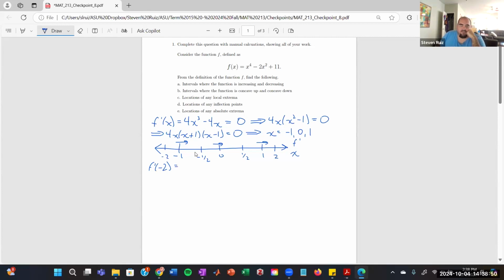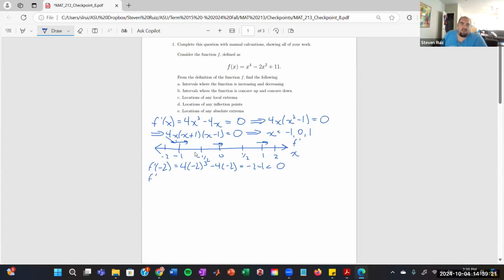Actually, that probably shouldn't matter. 4 times -2 cubed minus 4 times -2. -2 cubed is -8, so -32 plus 8 is -24. I care less about the fact that it's -24 and much more about the fact that it's negative. That's really what I'm looking for. So that tells me I have a decrease to the left of -1.